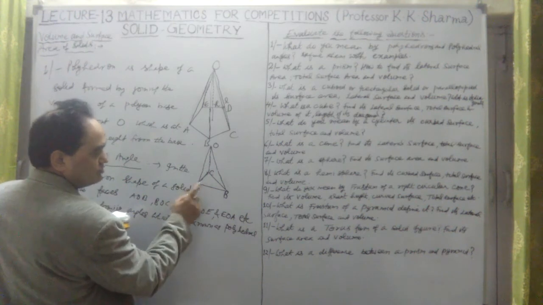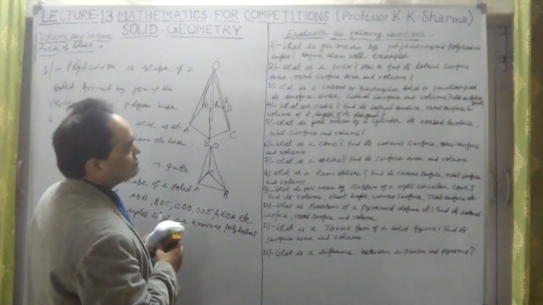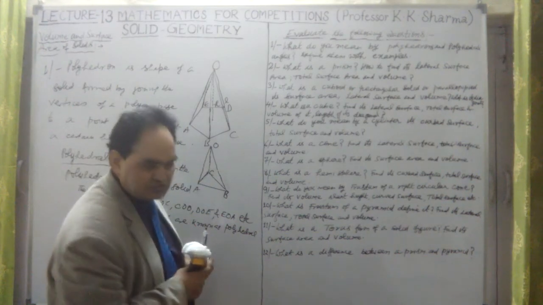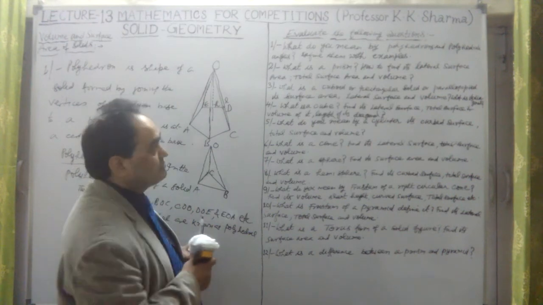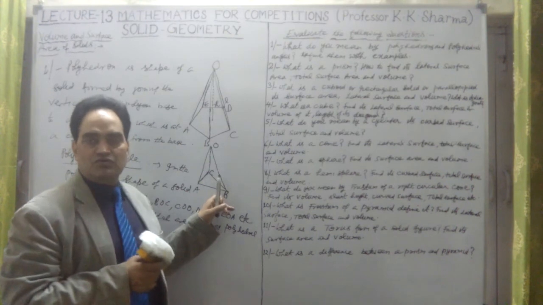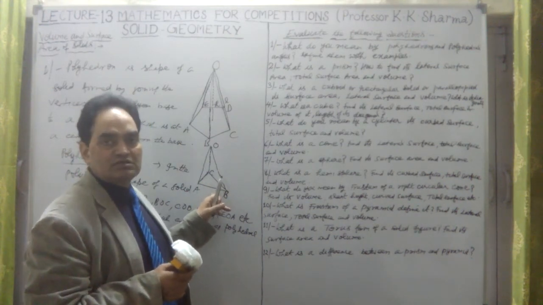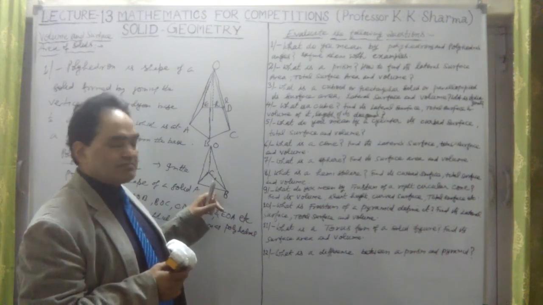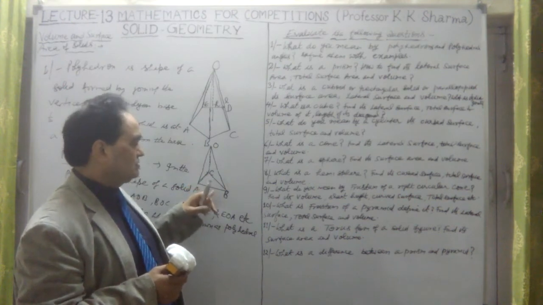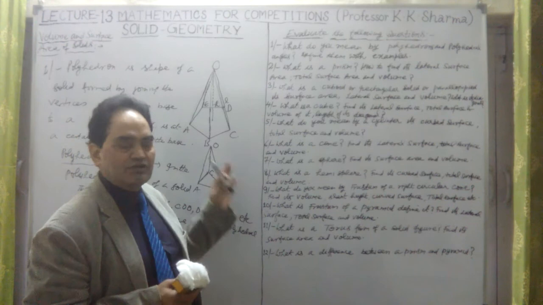If it is a quadrilateral, then a quadrihedron. If the base is a pentagon, then it is a pentahedron. If it is a six-sided figure, a hexagon, in the base, then it is a hexahedron, heptahedron, octahedron, nonahedron, decahedron, etcetera. So this is known as the polyhedron shape.